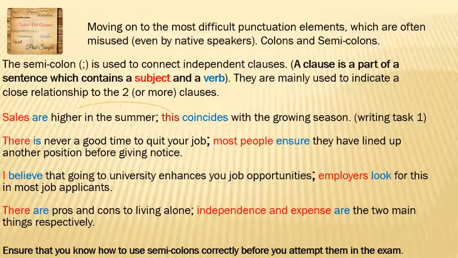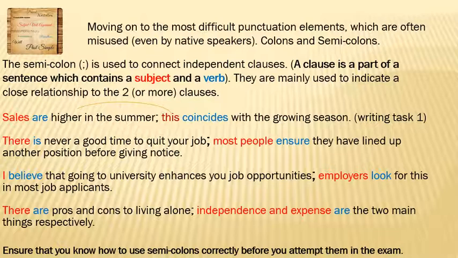Third one, I believe that going to university enhances your job opportunities. Employers look for this in most job applicants. So there's our first clause. I'm talking about this, and then I link it up to this. So these two clauses are related to each other. One sort of complements the other.